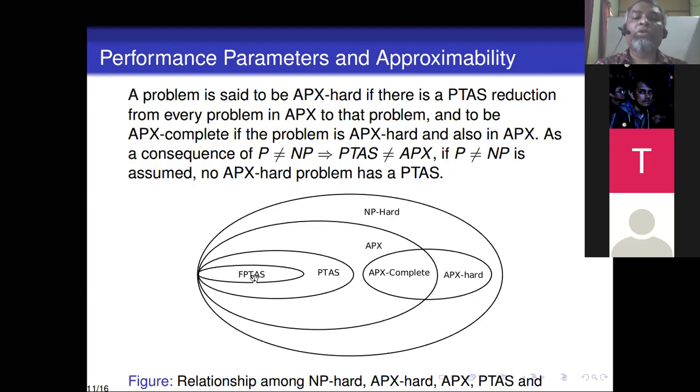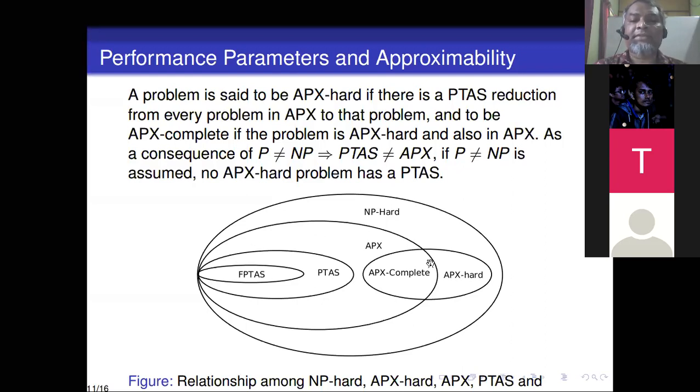But here, the running time is polynomial in input size and also polynomial in epsilon. So this is the fully polynomial time approximation scheme, and this is the polynomial time approximation scheme.